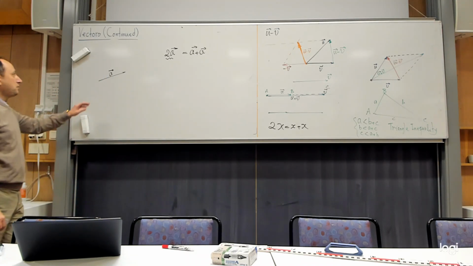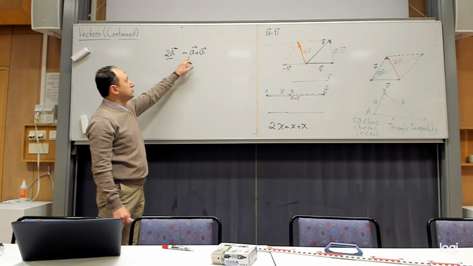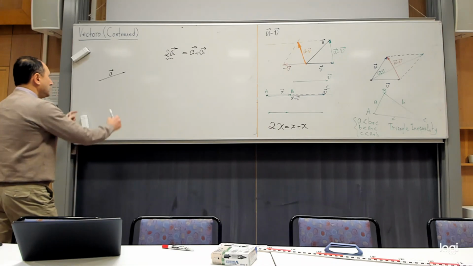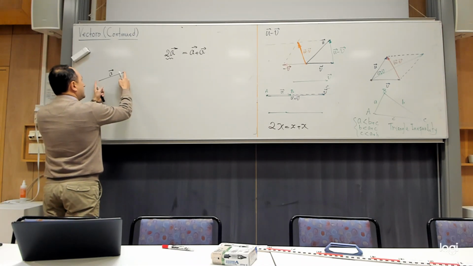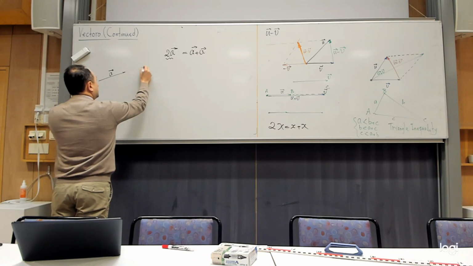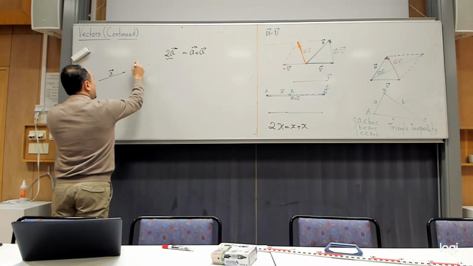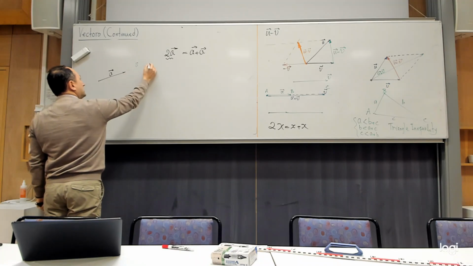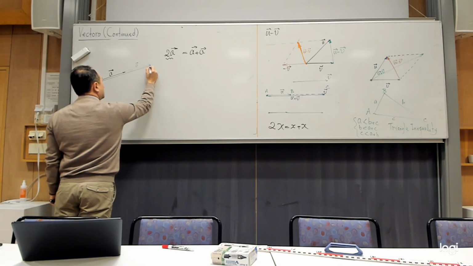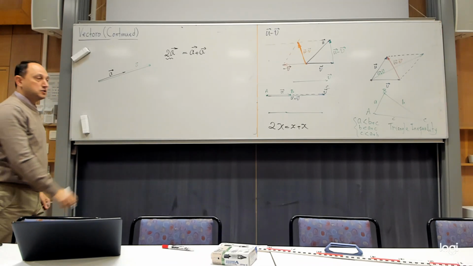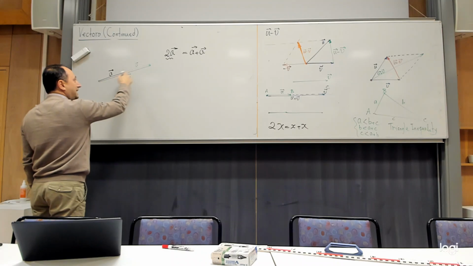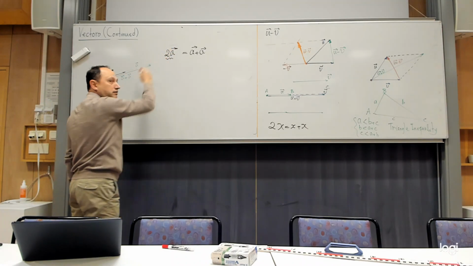By the way, if I ask you to draw A plus A, you know how to do it. You just parallel transport the vector to the tip of the original vector. This is also A, and then you take the initial point and connect it to this final point. And this becomes A plus A. Is it a good candidate for 2A?